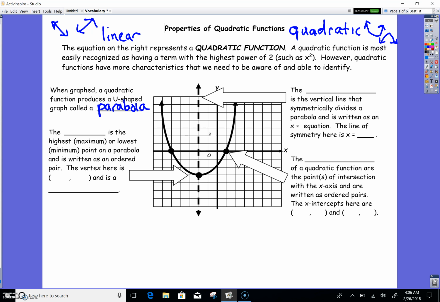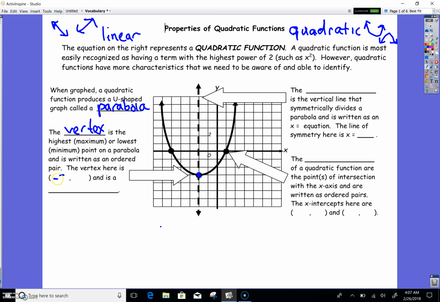So now, there's some very important points in a parabola. First, let's start with this point right here. That one is called the vertex. The vertex is the highest, the maximum, or the lowest, which is a minimum, on a parabola, and is written as an ordered pair. The vertex here, we count 1, 2, 1, 2, 3.